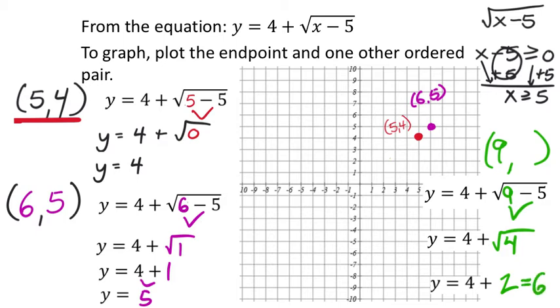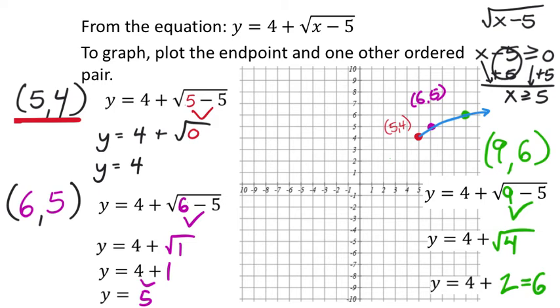Okay, so that's an ordered pair of 9, 6. And once we get this on, so that'd be at, let's see, 9, 6 right here, okay? And you can see right here that the line is curving, right? So I'm going to see if I can make this curve pretty. There it is. And that would be the line.